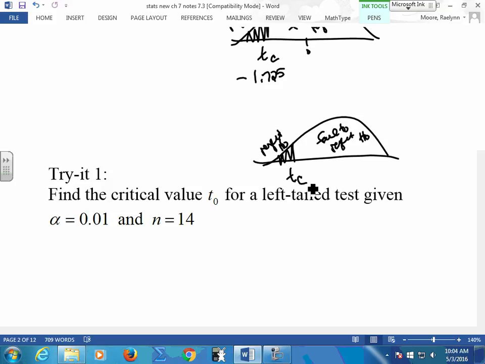What do you get, John? What do you get? Well, open your book to table 5. Follow the one tail across the top, and what are you going to look on the left-hand side for? 13. Go do it. What'd you get?